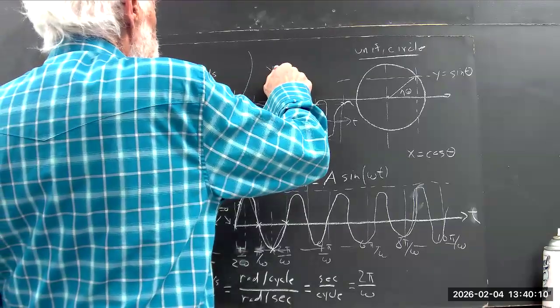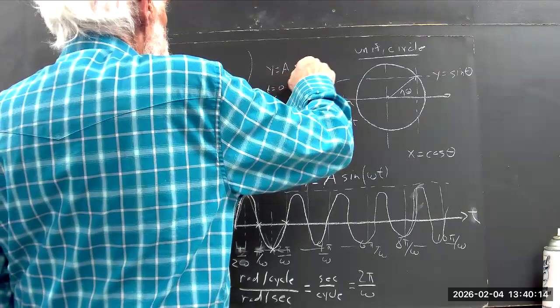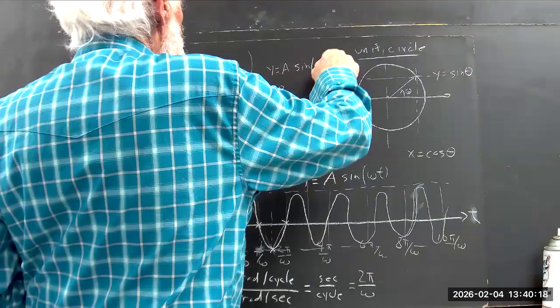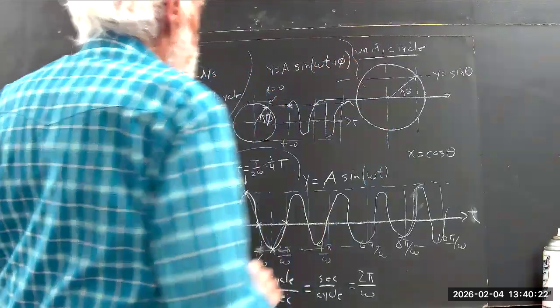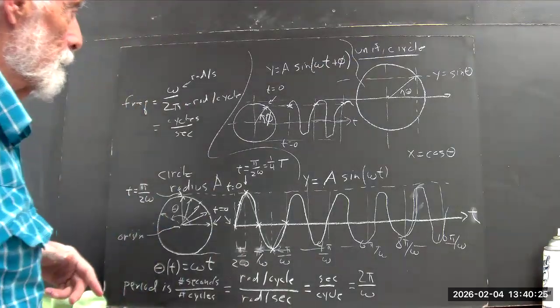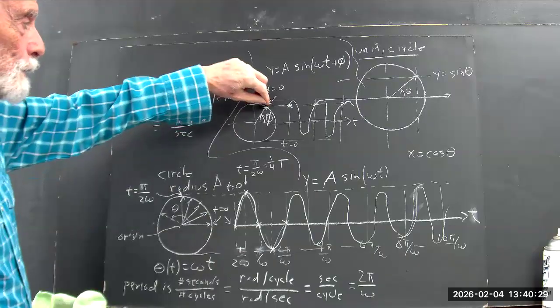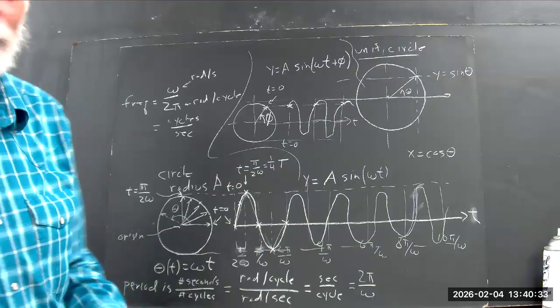This is the graph of y equals a times the sine of omega t plus phi. Because I'm starting at phi, and whatever angle I've got, we're still moving around at omega t, right?